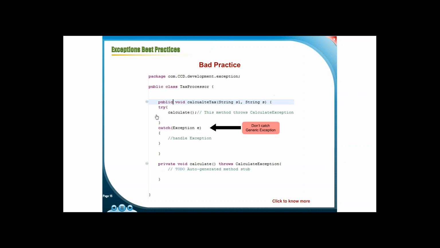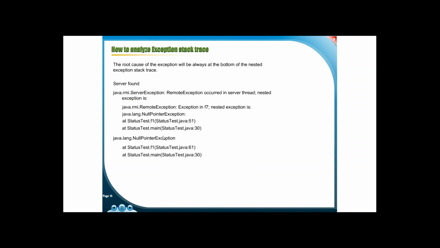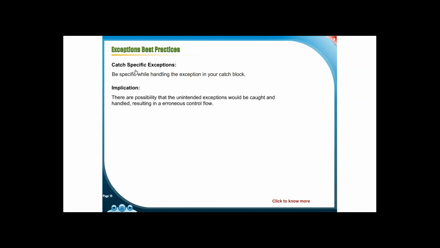Exception best practices. Catch specific exceptions and be specific while handling exceptions in your catch block. There are possibilities that unintended exceptions would be caught and handled, resulting in erroneous control flow.